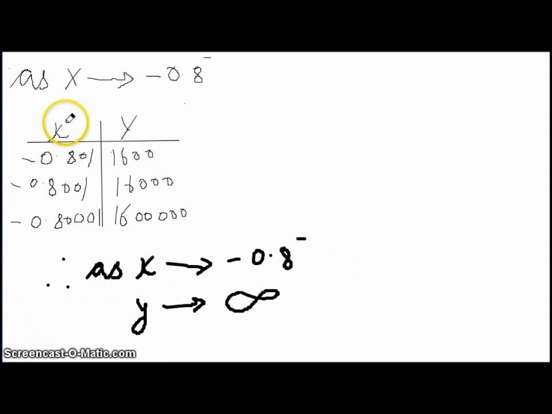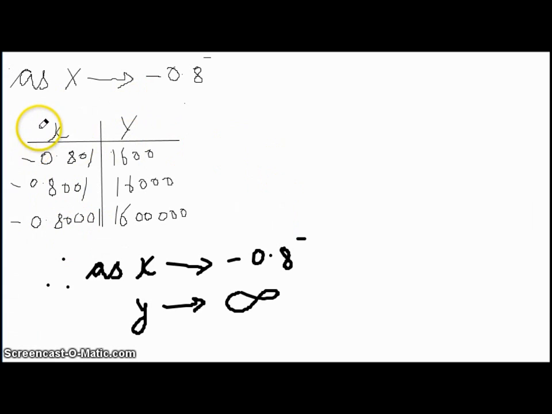As we took numbers approaching -0.8 from the right side, we need numbers that approach -0.8 from the left side as well. So we take numbers like -0.801, -0.8001, and -0.80001.